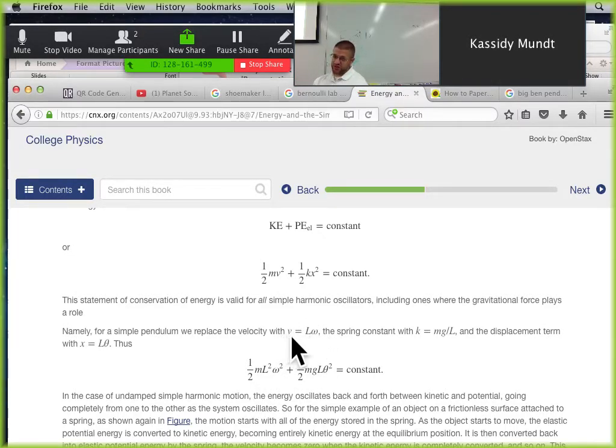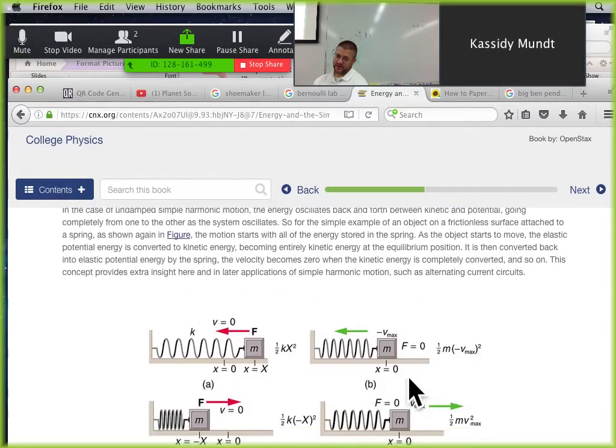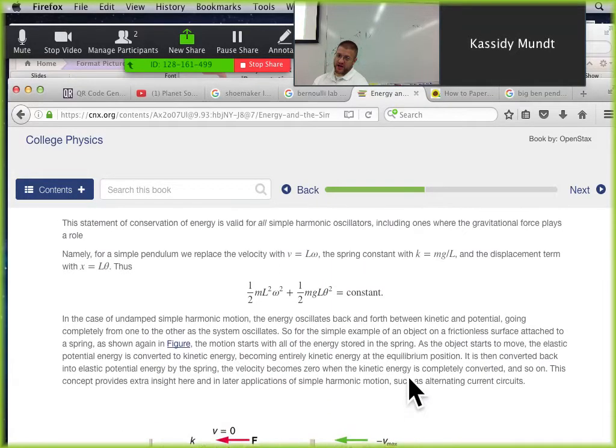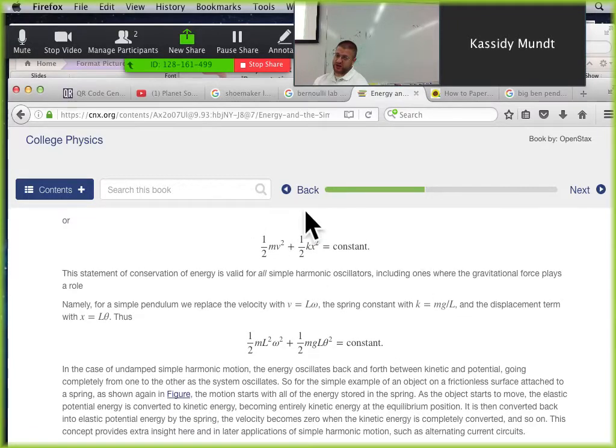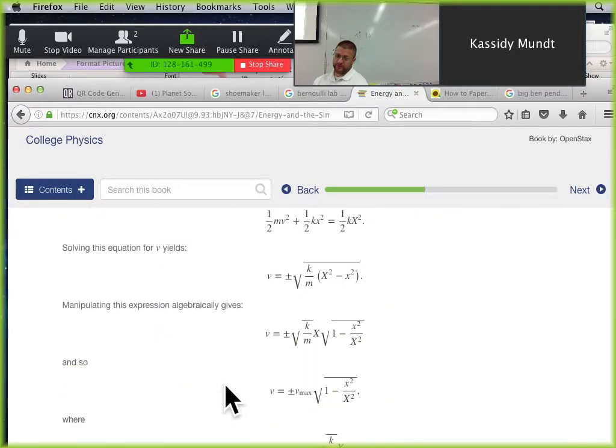The tangential velocity is equal to the radius times omega, and the radius is the length of our string. So the K, spring constant, is plugged in over here, mgl. Okay, so now you've got conservation of energy equations for the simple harmonic oscillator and your simple pendulum, and you're good to go.